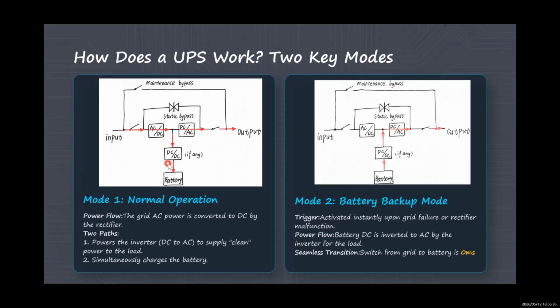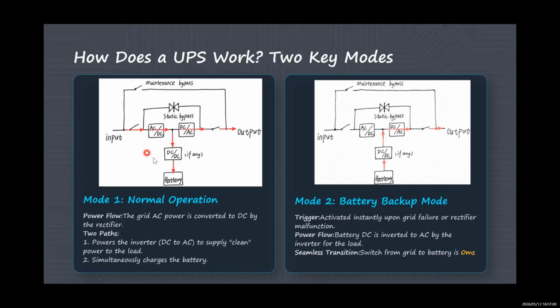There may be a DC/DC between the DC bus bar and the batteries, it depends. Here is the static bypass, normally using SCR, silicon controlled rectifier. And the last is the maintenance bypass.